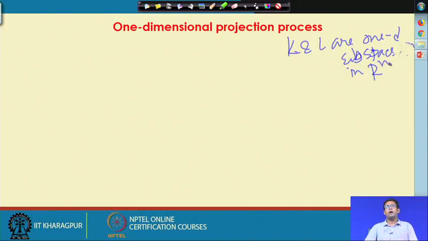By one dimensional projection process we mean K and L will consider only one vector; K is one particular vector, L is one particular vector. So, x is updated along one particular vector, it is not along a vector space, it is only one vector, along which x is updated.